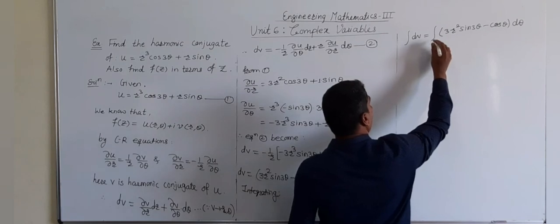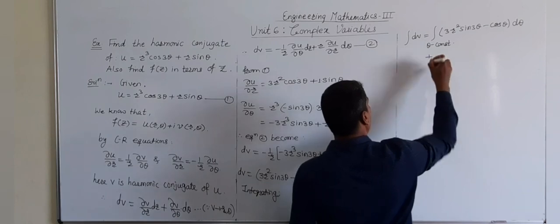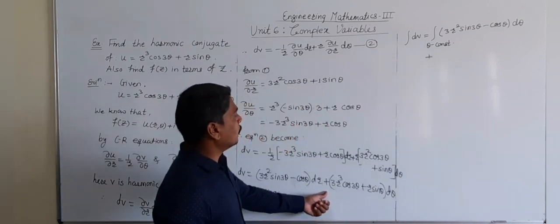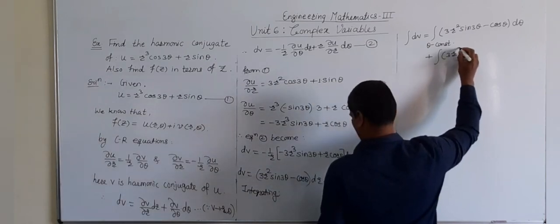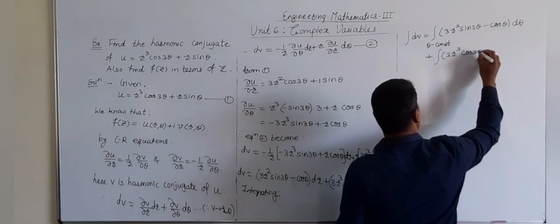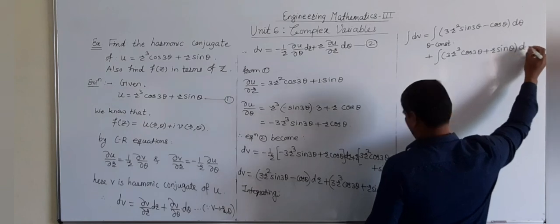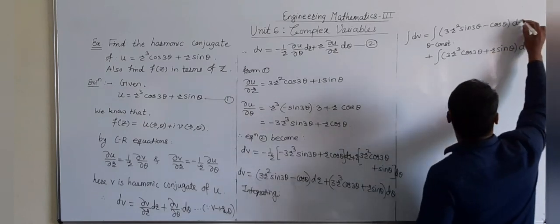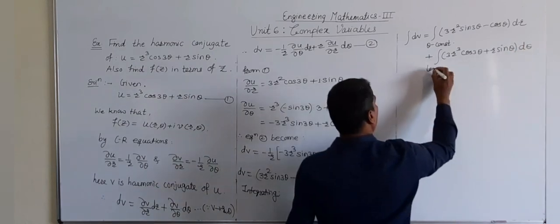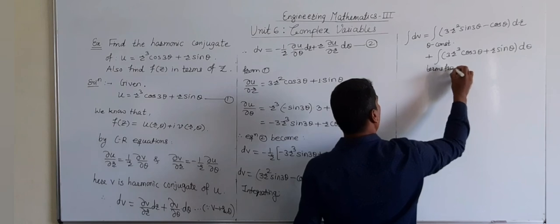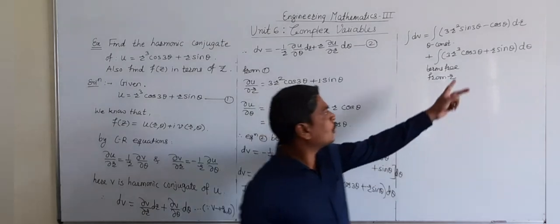Integrating this, at the same time we are treating theta as a constant by using our standard formula, then plus this function, integration of 3r cube cos 3 theta plus r into sin theta, bracket complete, d theta. Here is dr, here is d theta, and now here terms free from r, integrate those terms which are free from r.